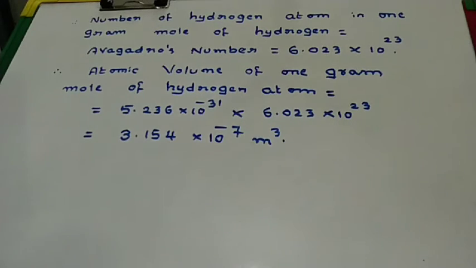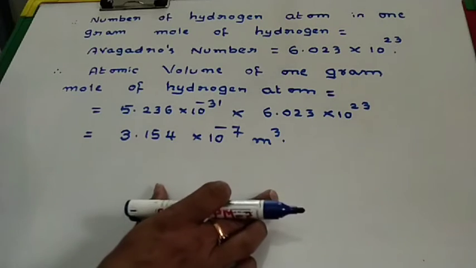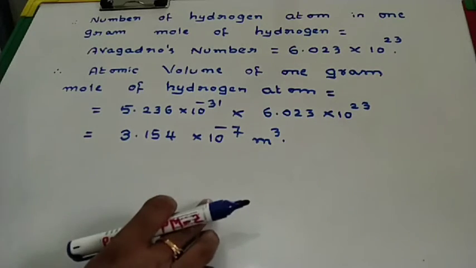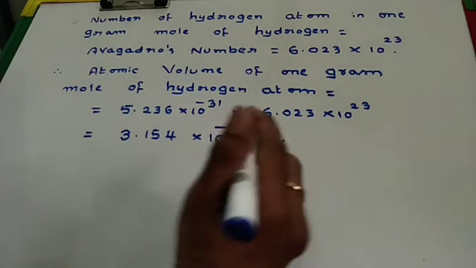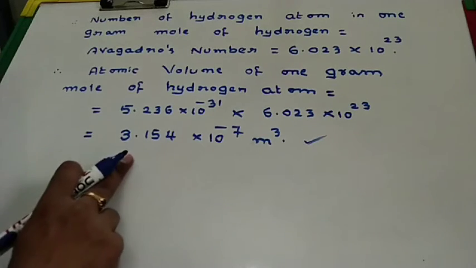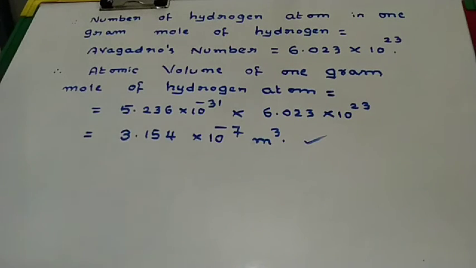So that means the total atomic volume in meter cube of a mole of hydrogen atoms is about 3 into 10 to the power of minus 7.